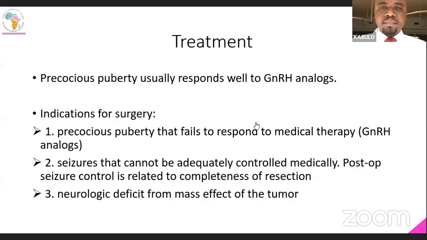For indications for surgery, we go for surgery only when there is precocious puberty that fails to respond to medical therapy. You also go for surgery when you have seizures that cannot be adequately controlled medically, or post-seizure control is related to completeness of resection. The third indication is neurologic deficit from mass effect of the tumor. Once you get a neurological deficit attributable to the lesion, you have to go surgically.